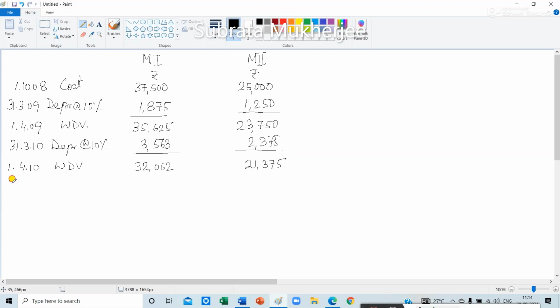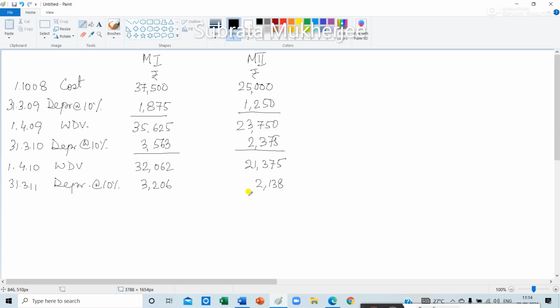Again on 31st March 2011, you need to charge depreciation at the rate of 10%, so 3,206 and 2,138.